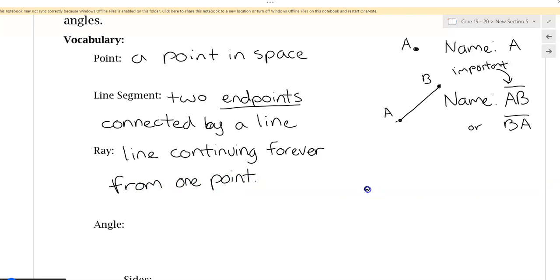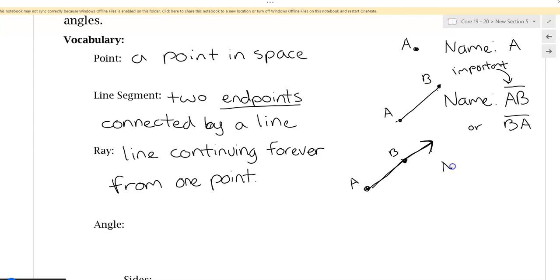So if I have a ray, I'm going to have my point here, and it's going to continue forever. And we usually have another point somewhere on the ray so that we can name it, but it goes past that point, right, and keeps going. Okay, so the only difference is a segment stops, your ray does not stop.